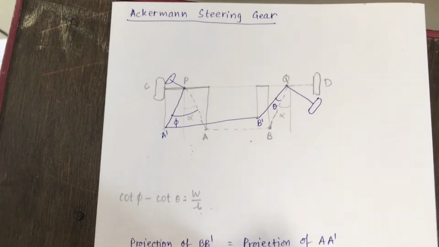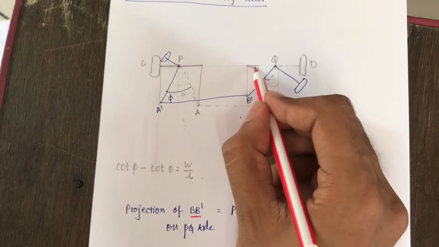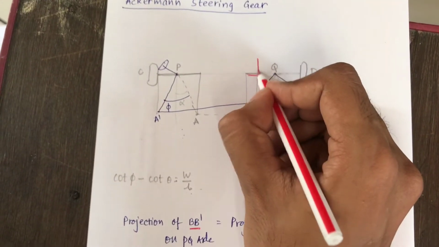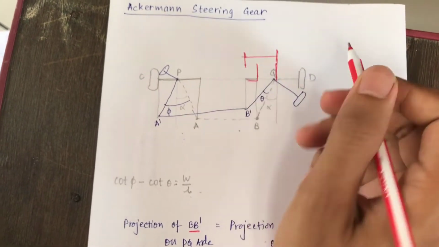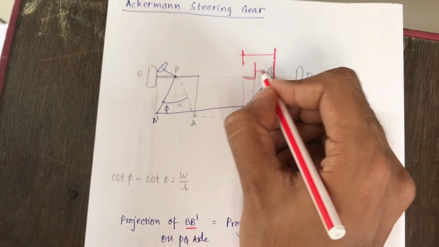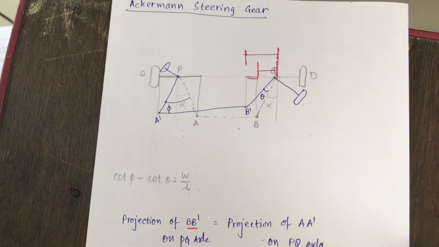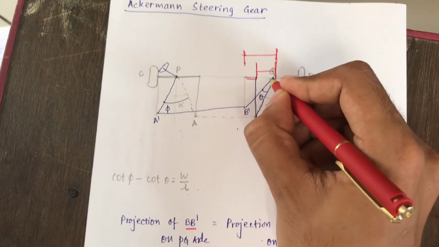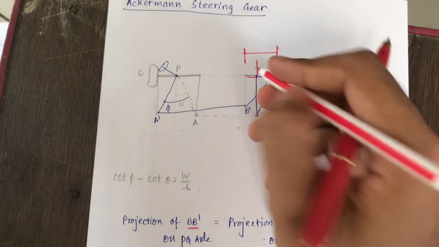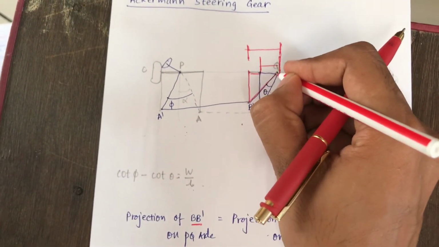So the distance BB dash is this one. It is the subtraction of these two, this longer distance minus this. So how to write that? These are both actually right angle triangles. See, this one is the first right angle triangle, and over here is the second right angle triangle.